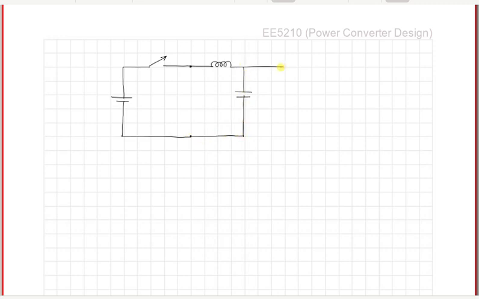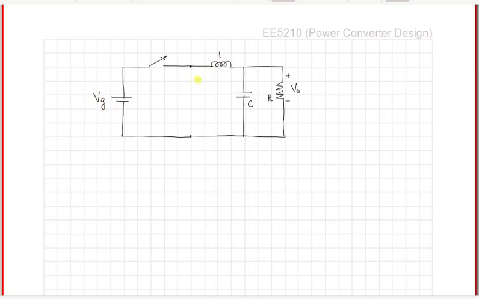And then you could connect your load, which would typically be a resistive load, across the capacitor and get the output voltage V0 across this load resistance R with a capacitor C and an inductor L.